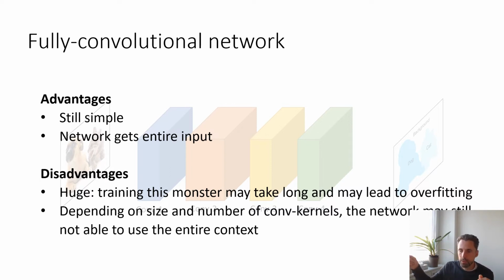So an output pixel may not be able to rely on the entire input, but potentially you can design the fully convolutional network such that each pixel can see all input variables. Now, the biggest disadvantage here is that this network is just super huge. This is a monster, and may take a long time to train, and may also lead to overfitting because there are so many parameters involved.